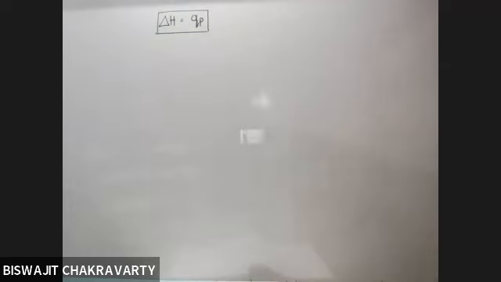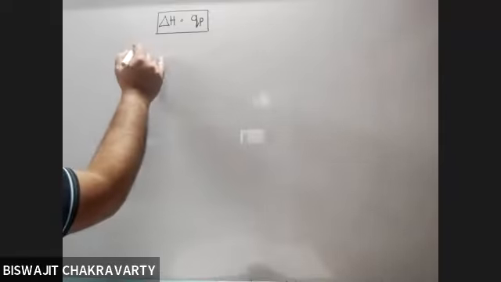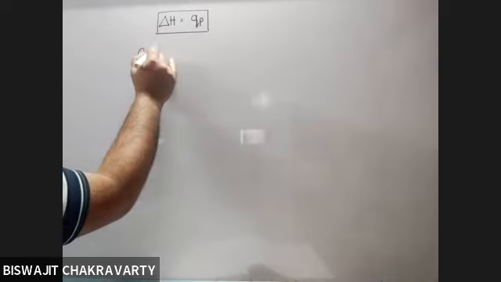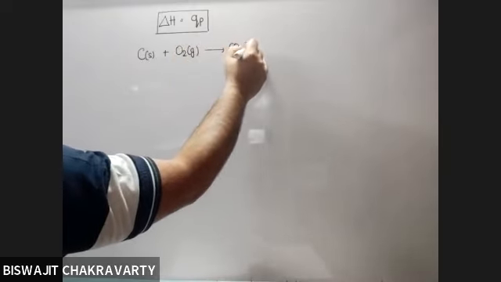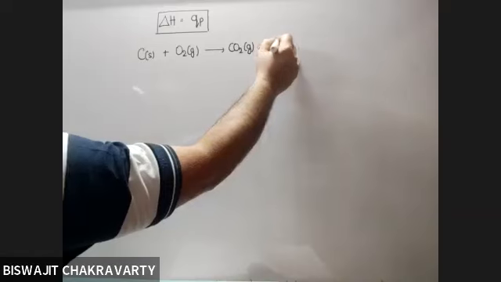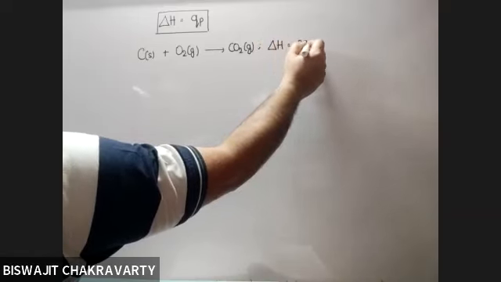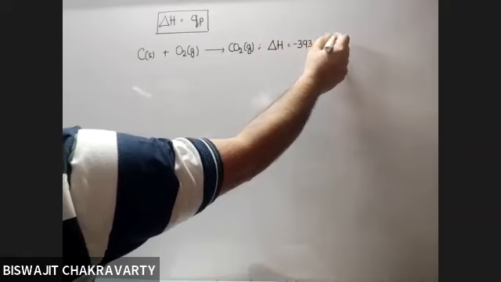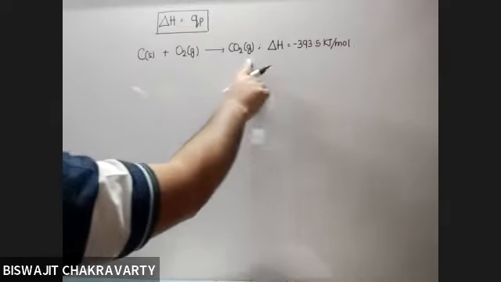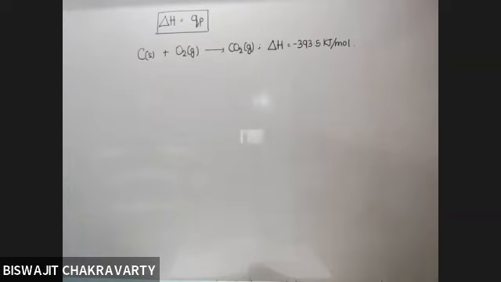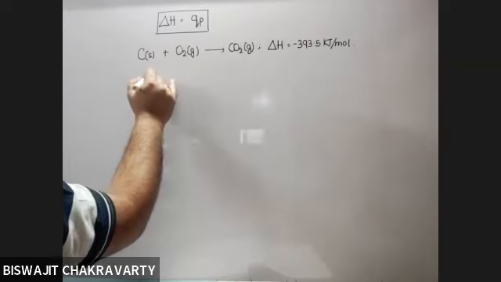There are various types of enthalpies, and suppose after writing down a reaction we have carbon solid plus oxygen gas giving carbon dioxide gas. So we write delta H equal to minus 393.5 kilojoules per mole. This type of chemical reaction, where a reaction followed by delta H value is written, is called a thermochemical equation.